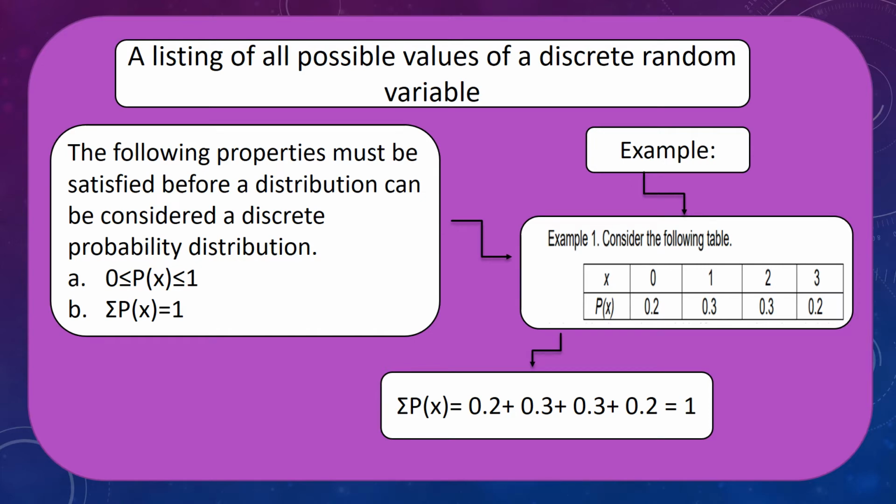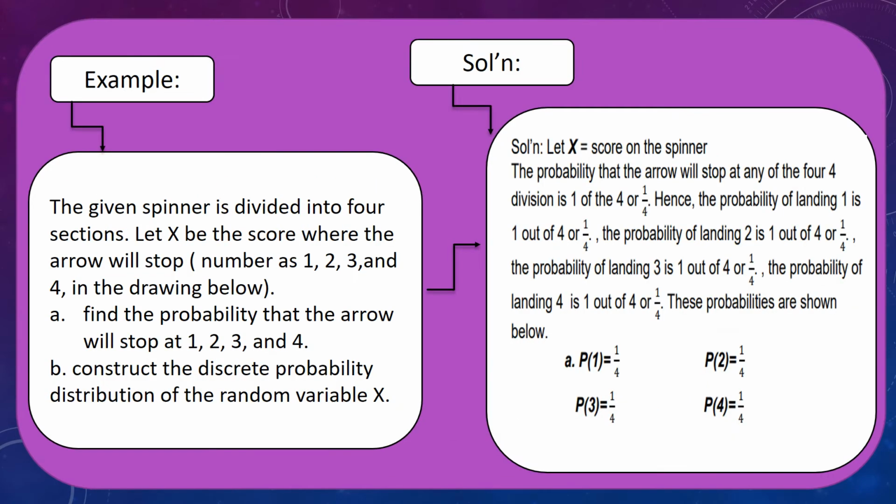And the corresponding probabilities are each less than 1 and greater than 0, and when added the sum is 1. So both of the properties are satisfied.